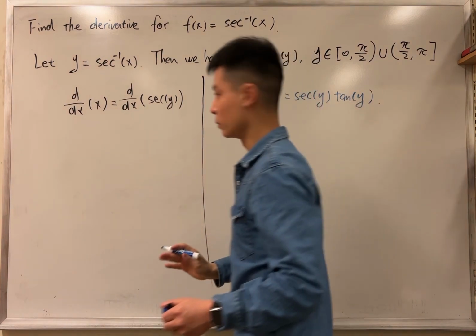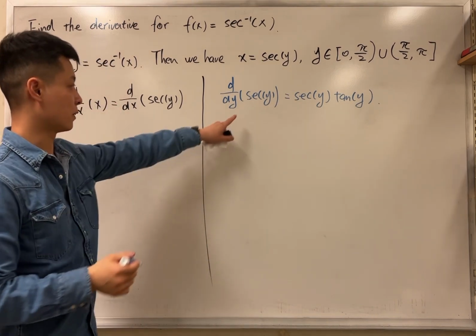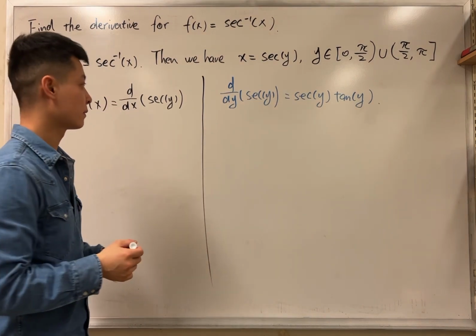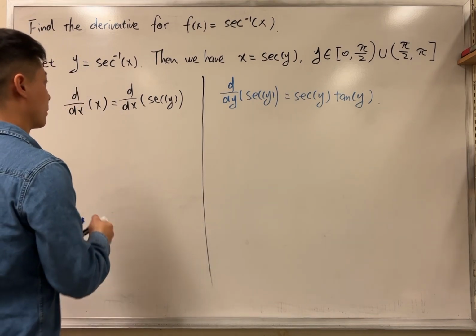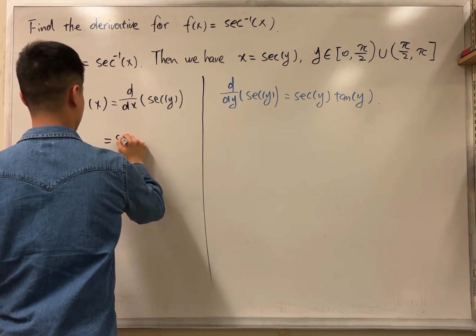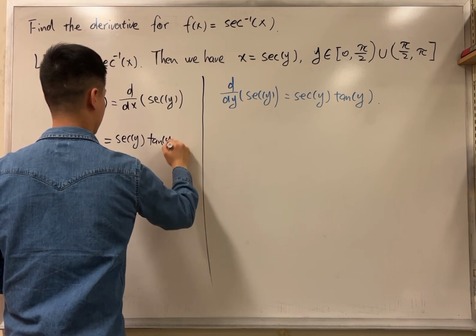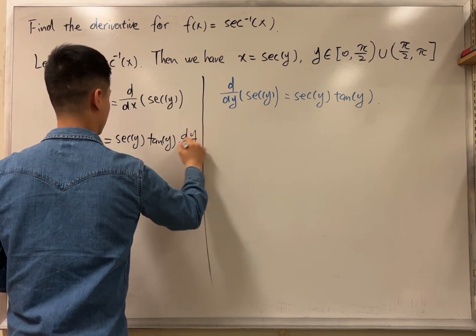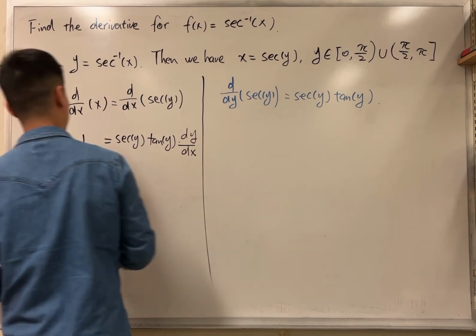If you are unfamiliar with this formula, you can just check the textbook, it is from the calculus 1 formulas provided. Okay, so we will use this together with the chain rule. That's going to take us to secant of y multiplied with tangent y, and then dy dx, and this side is going to be 1.